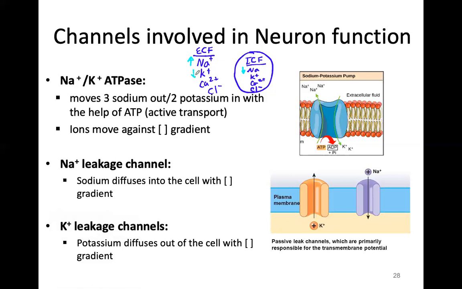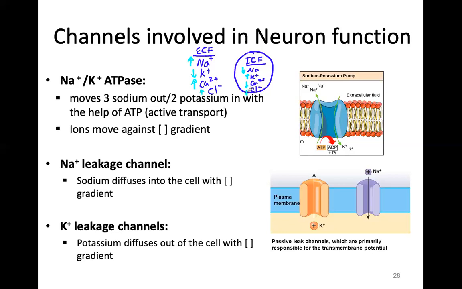Potassium is low outside and therefore is high inside the cell. Calcium is high outside and low inside. And same applies to your chloride.